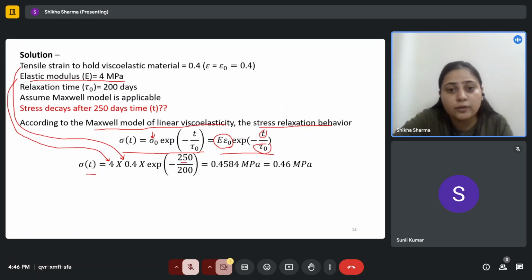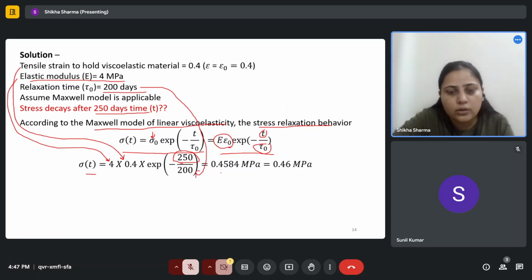T is the time at which we need to calculate, which is 250 days. So 250 divided by 200, which is our relaxation time. We will put 200 in the denominator.